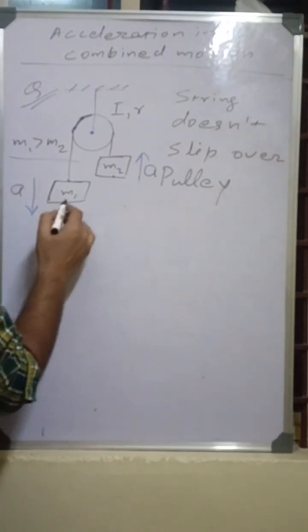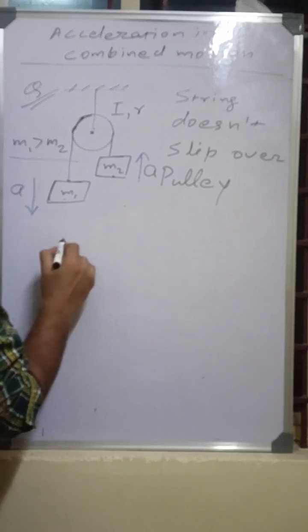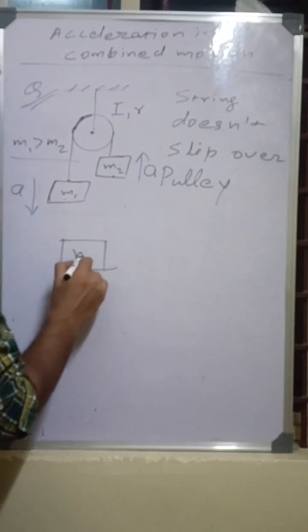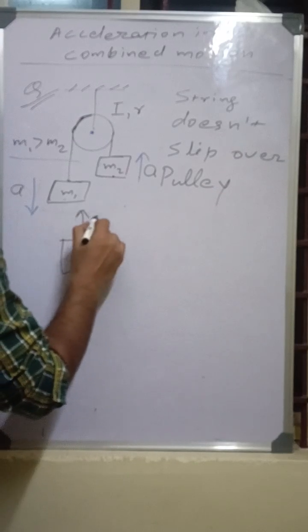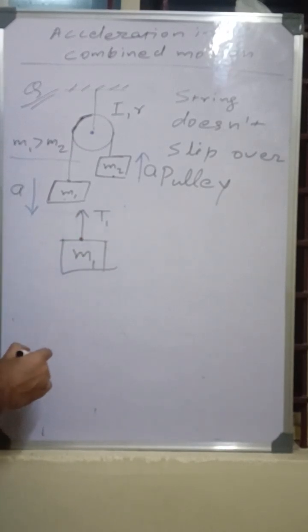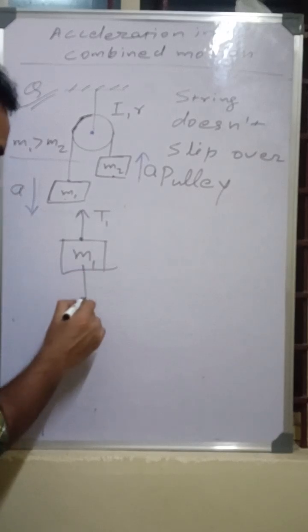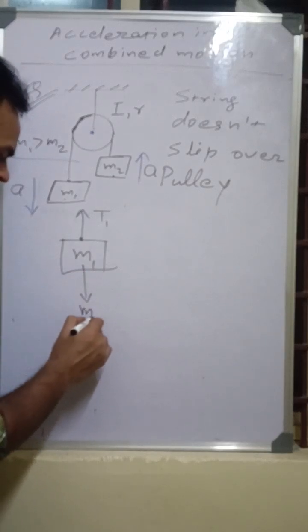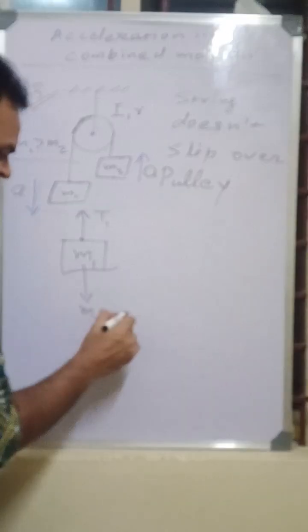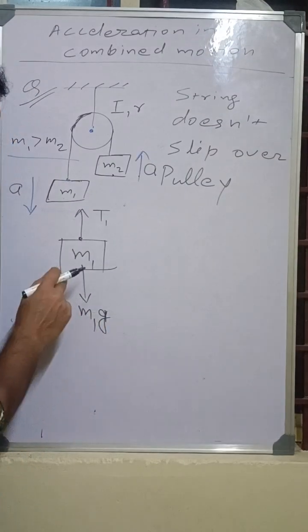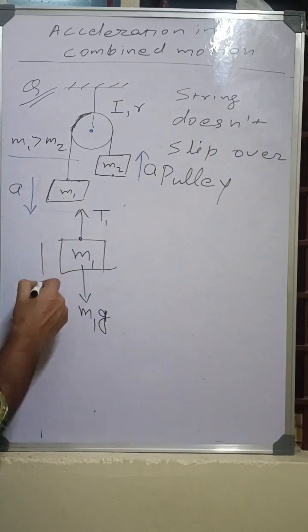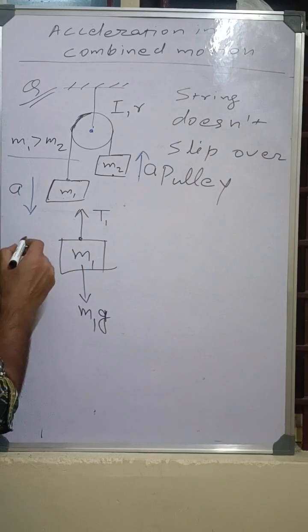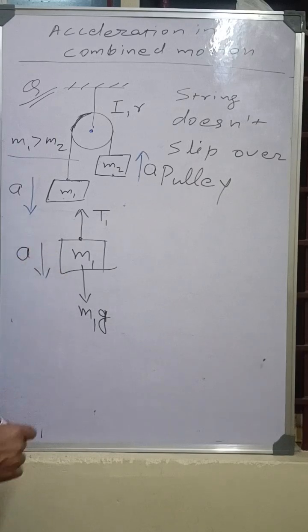Now look at the free body diagram of m1. As it is attached to a string, tension will act on it. Suppose this tension is T1, and the weight m1g, the gravitational force, will definitely act downward, and this mass is moving downward with acceleration a.